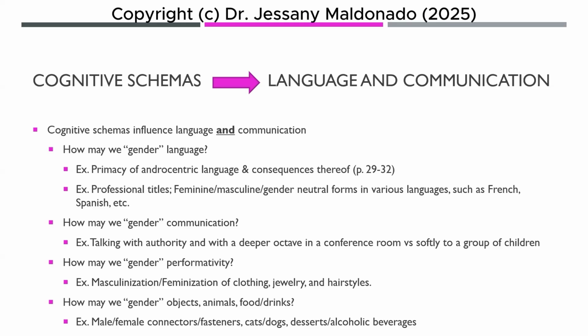So both men and women have been shown to use a more authoritarian voice that is deeper in octave and more assertive in tone when conducting business. Whereas handling children is often socially constructed as a feminine chore or responsibility. So both men and women have been shown to speak more softly and in a lighter tone to a group of children, especially children not related to them.